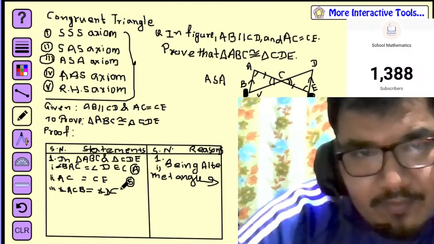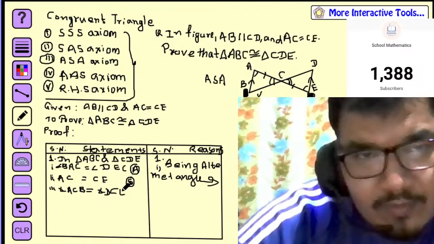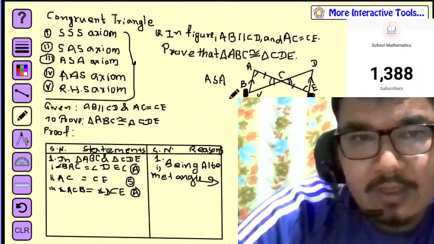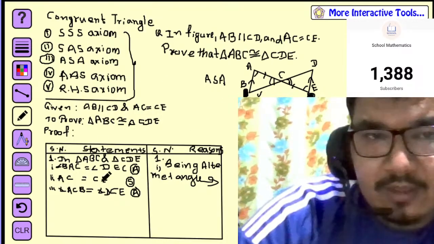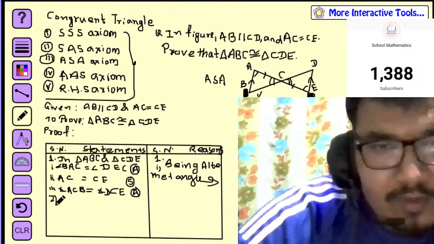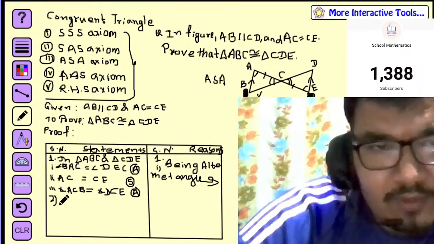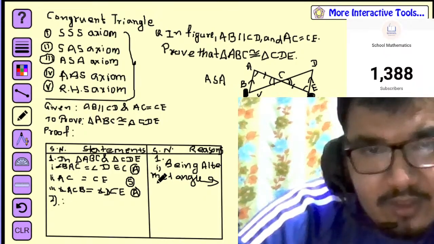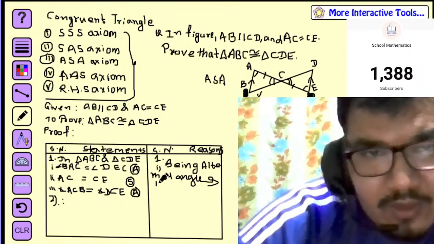This angle is equal, right? These two triangles are now congruent. Therefore this also. Reason number two, what is the reason?